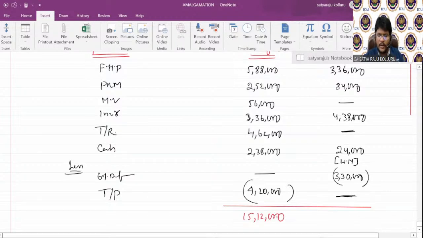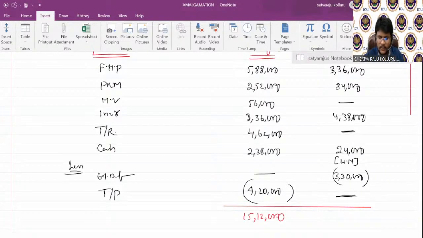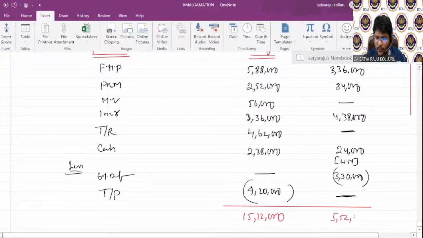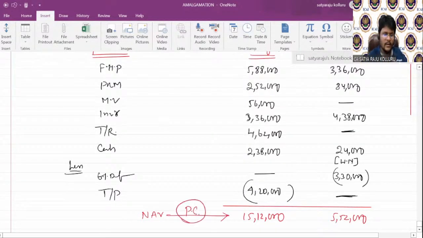Now coming to Glory: 3,36,000, 84,000, 4,38,000. Next plus 24,000 minus 3,30,000. So I got 5,52,000. Are these figures correct, guys? NAV, net asset value of the business takeover, is it correct? Which you can call PC as well. Let me know, guys.